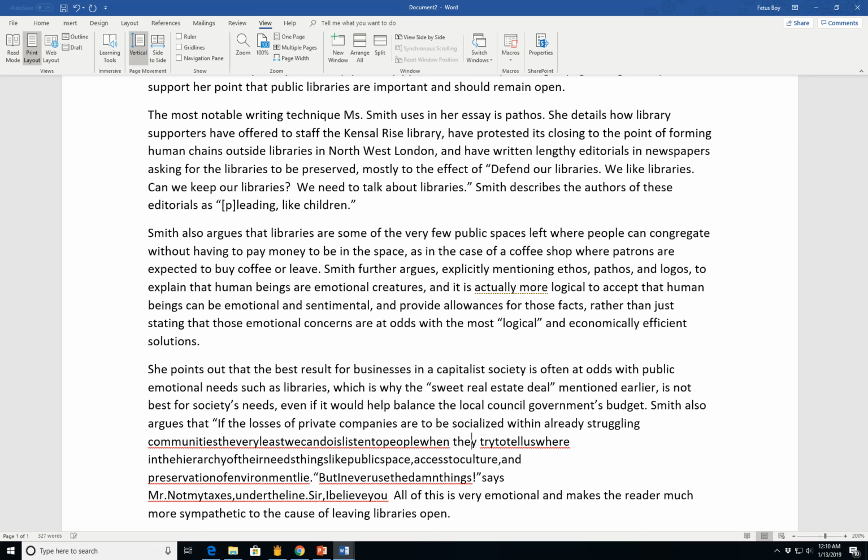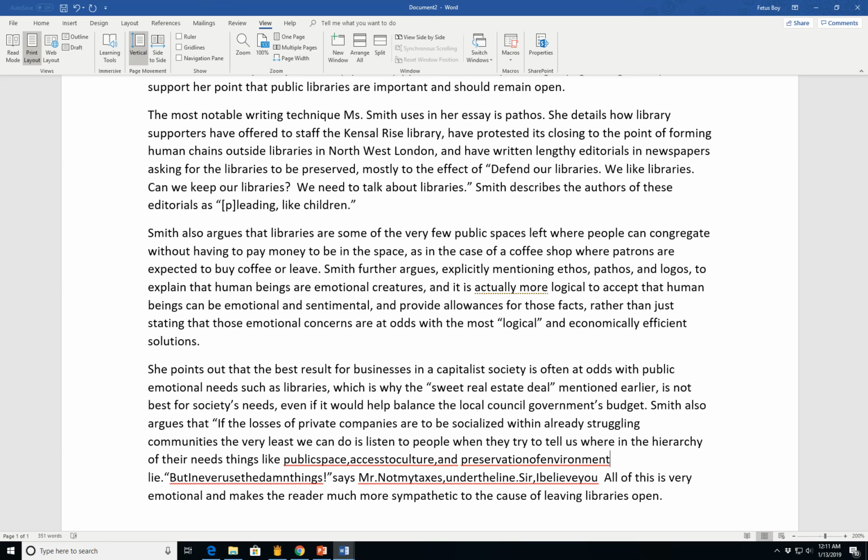When they try to tell us, listen to people when they try to tell us where in the hierarchy of their needs things like public space, access to culture, and preservation of the environment lie.